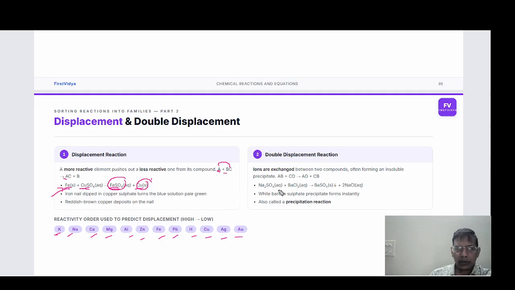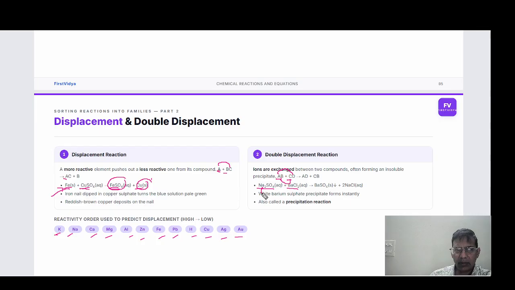So we can see here what is happening. Double displacement reactions: ions are exchanged between two compounds, often forming an insoluble precipitate. So AB plus CD, here we have two reactants, and A is reacting with the D, and B is combining with the C. So it is double, two times displacement is happening. So an example is Na2SO4 plus barium chloride. So what will happen?